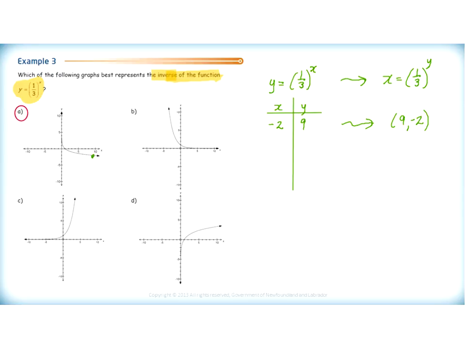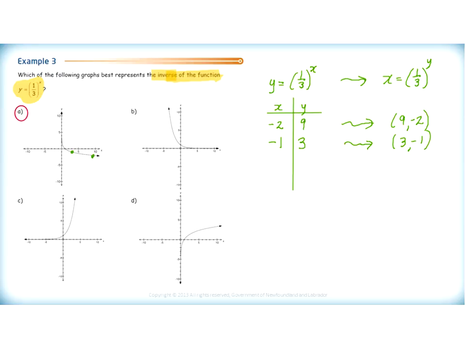Let's just verify that using a couple of other points. When x is a negative 1 on the original graph, 1/3 raised to the power of a negative 1 is the same as 3 raised to the power of 1, or just 3. So then when you switch the x and the y values, 3 and negative 1 has to occur on the new graph.